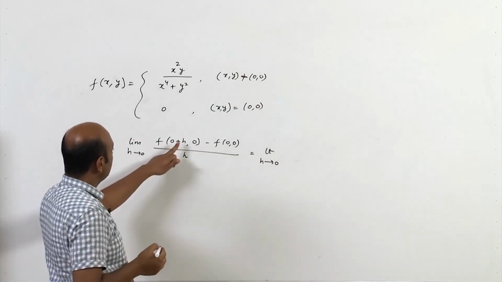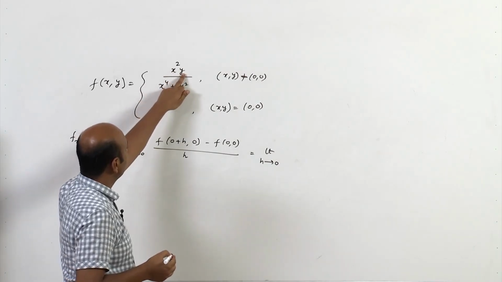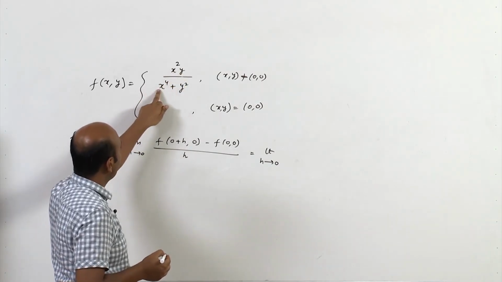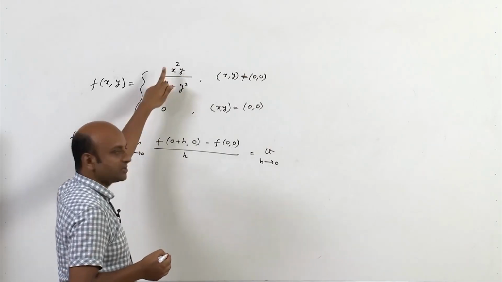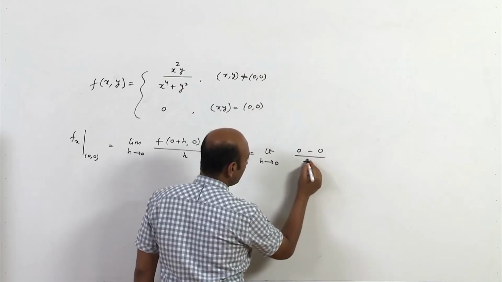Now, when you put (h, 0) here, x is h, y is 0, so simply this value will be 0. So, it is 0 minus 0, f(0, 0) is 0, upon h, which is 0.